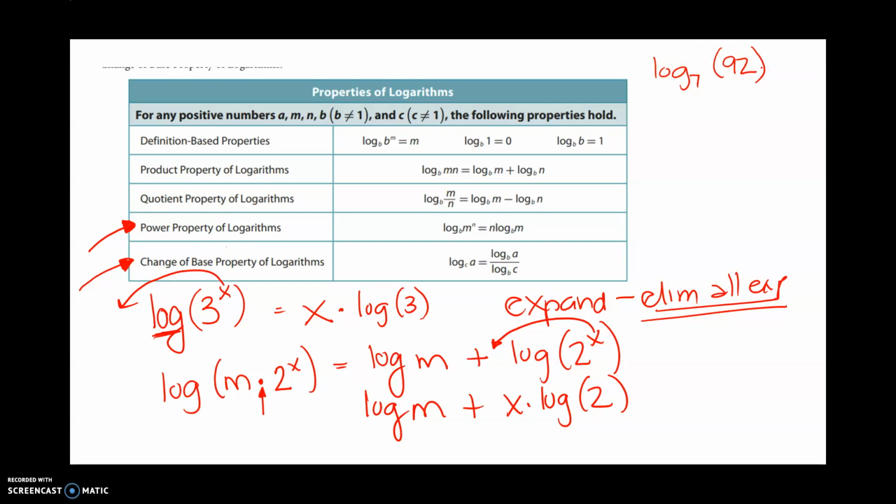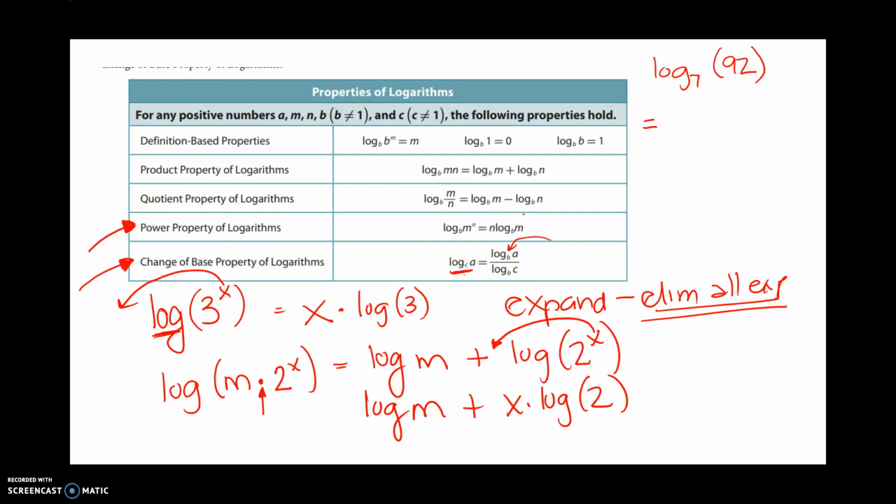But we do know we can easily do log base 10, the common log, because that's on the front of the calculator, and we can do the natural log, which is base e, on the front of the calculator. So this change of base formula says I can take something that has a log base c and change it into whatever base I want.